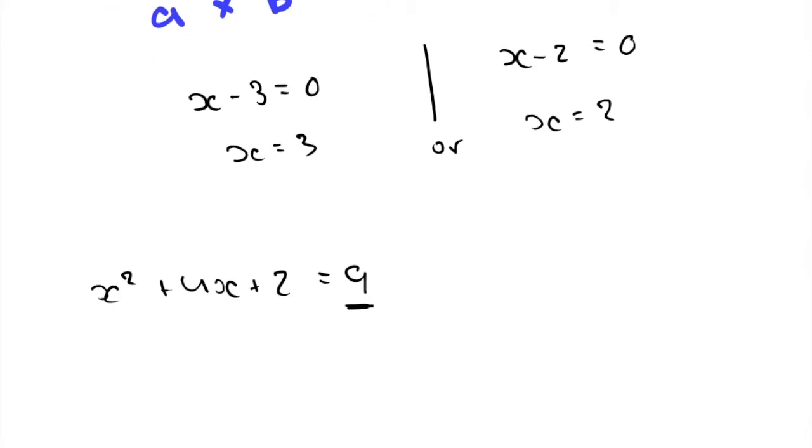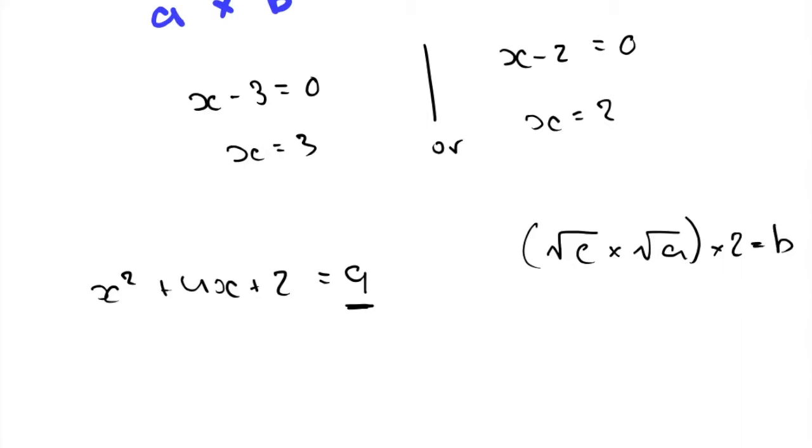To complete the square, you need to remember, I mentioned this in my factoring video, that the square root of c times the square root of a times 2 should equal b to make it a perfect square.